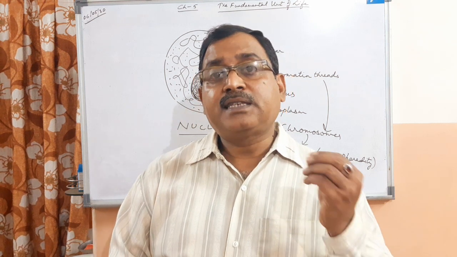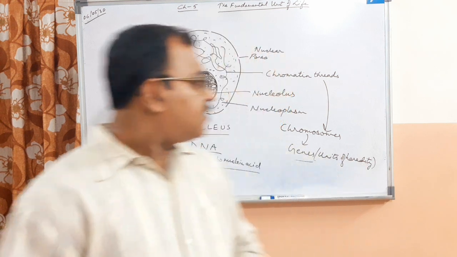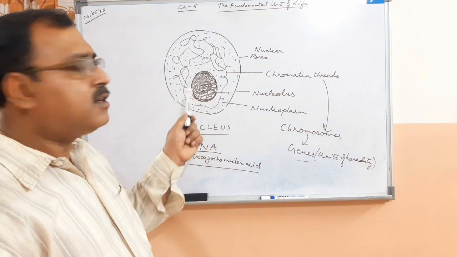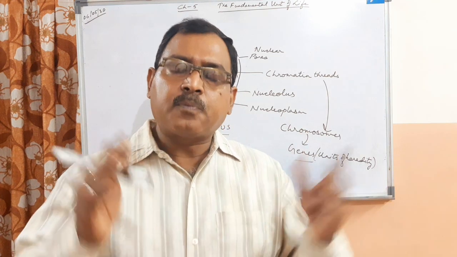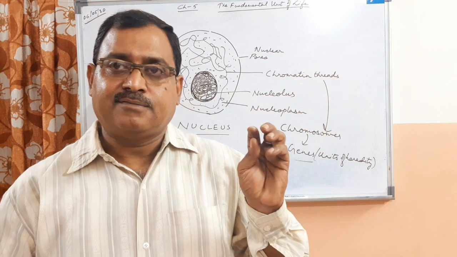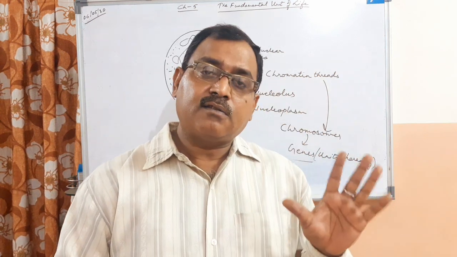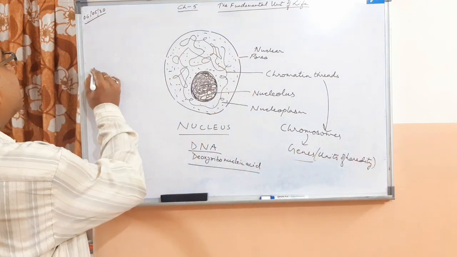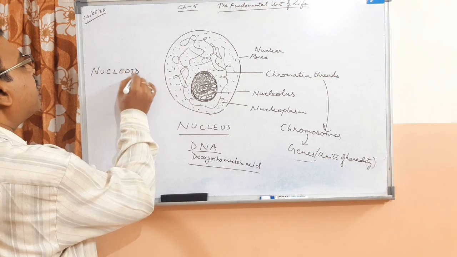Now, cells like bacteria are prokaryotic cells. This type of nuclear material inside a nucleus is not found. In bacteria and other prokaryotes, a nuclear region is there. Clear? Not a specific nucleus, but a nuclear region in total is there, which is called as nucleoid.